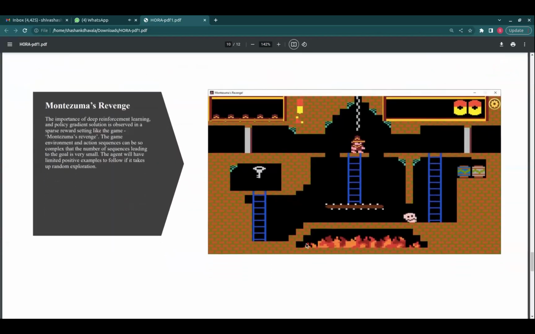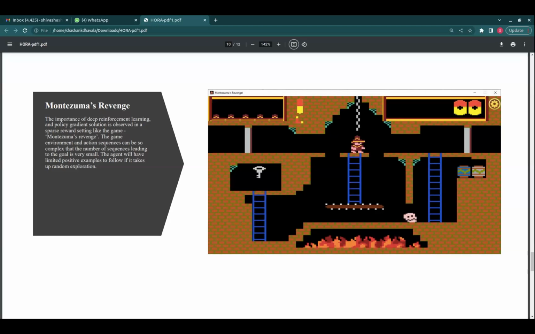So drawing on the same example, the idea of Montezuma's Revenge, this is also an Atari game, but this is a lot more complex than the small action space that we have in a ping pong game where it is only up or down.